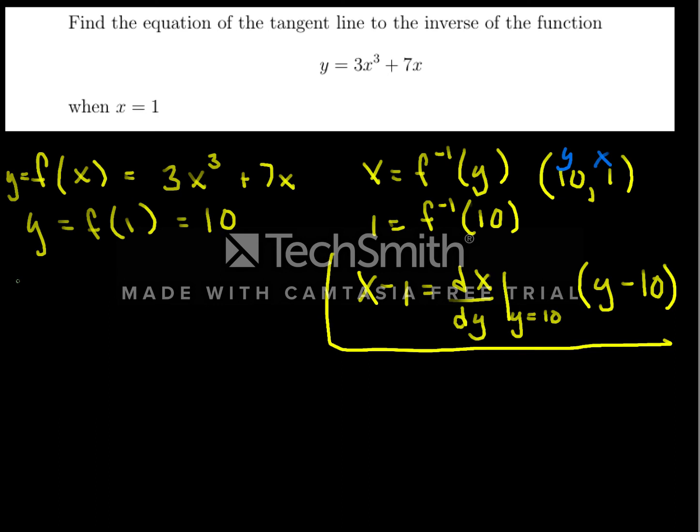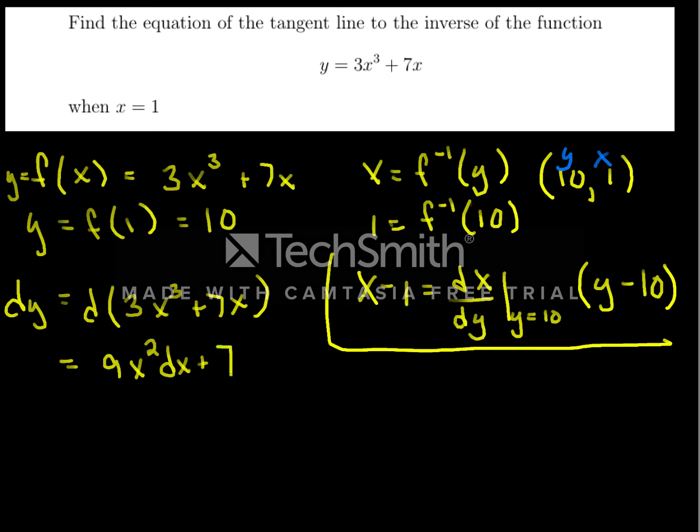So dy is equal to the differential of 3x cubed plus 7x, which is equal to, the power rule comes down, that becomes a 9, and the exponent decreases by 1, so that's a 2 dx, plus, and then the differential passes through the constant, 7 dx.